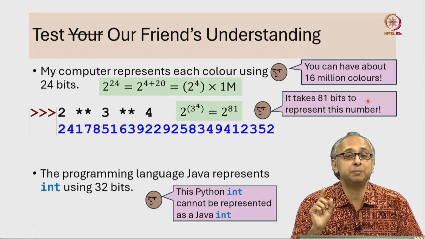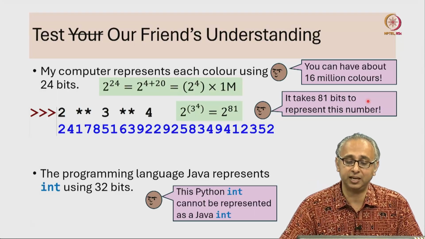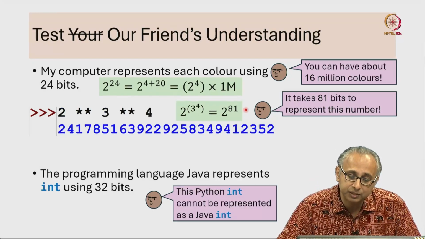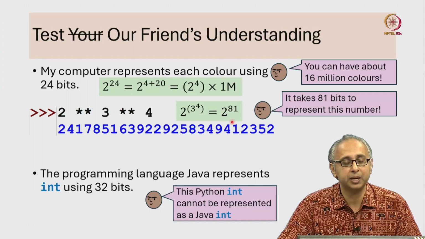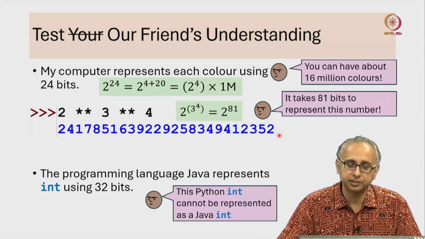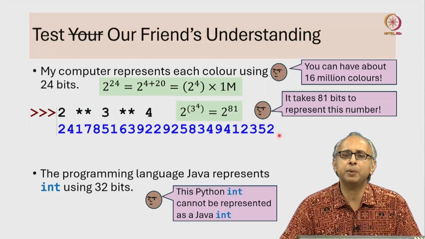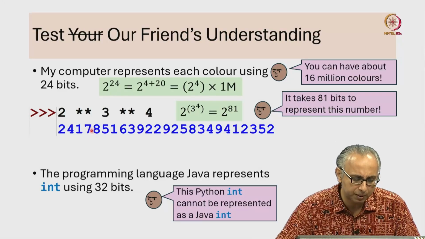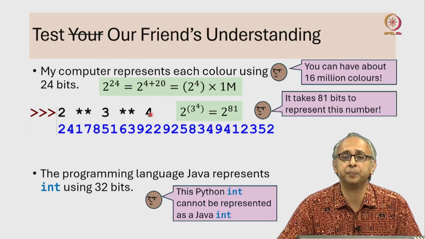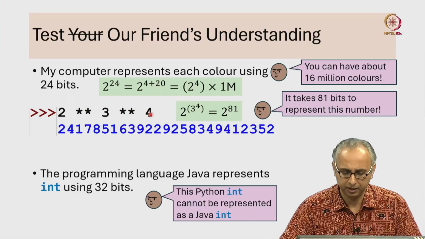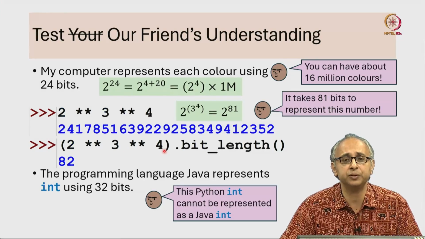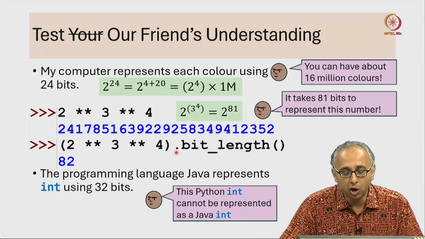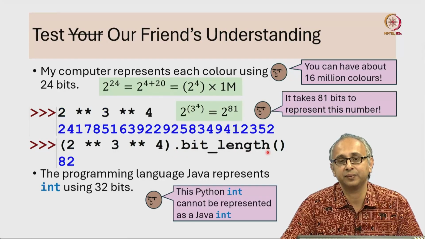But that statement is not the same as saying that it takes 81 bits to represent 2 to the power 81. In fact, if you ask the Python REPL how many bits it takes to represent this integer, rather than typing it all out, I'll just say take this expression and then dot bit_length.